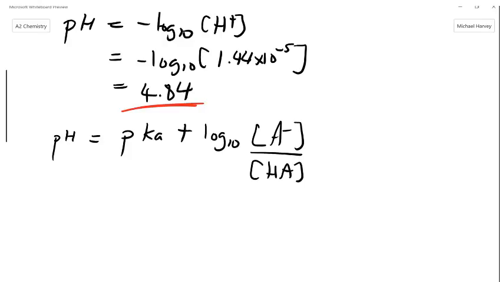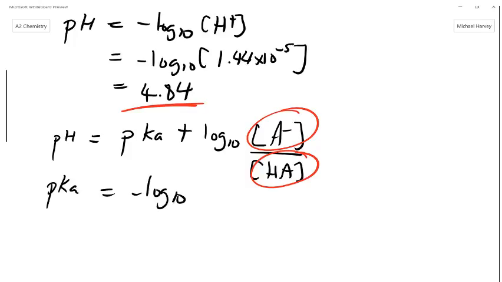We've already calculated these values for A minus and HA, so we have to work out what pKa is. The pKa is going to be the negative log base 10 of 1.26 times 10 to the negative 5, which equals 4.9.